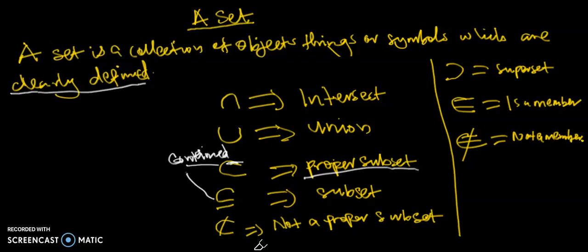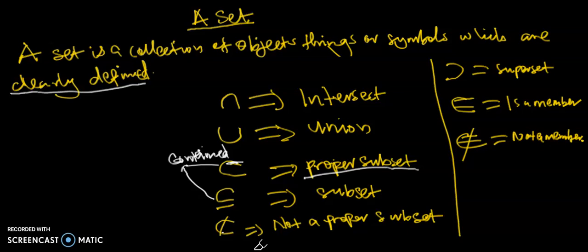We use these symbols to say that an element is contained or is not contained. So you will find that we will be manipulating all these symbols throughout our studies in mathematics.